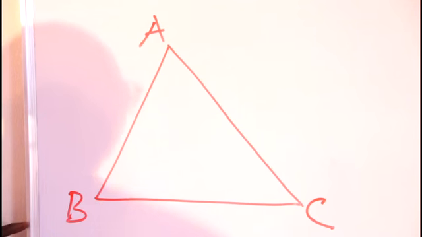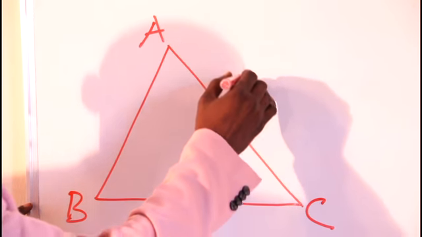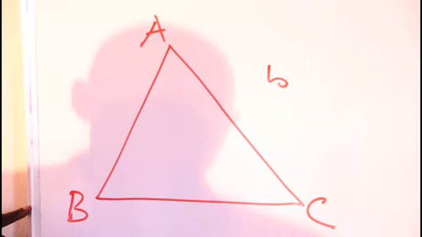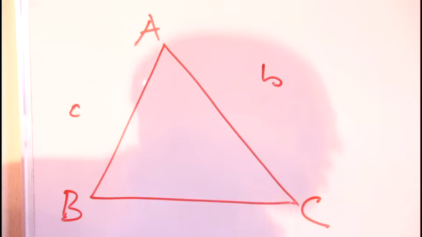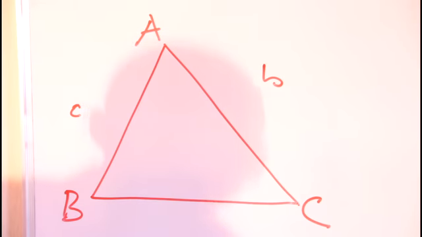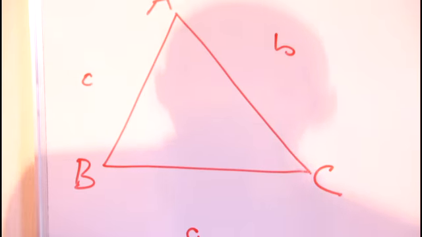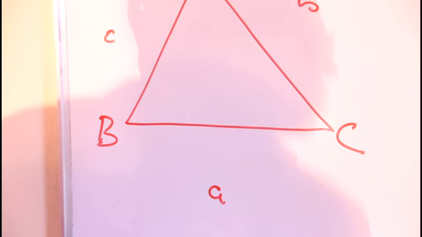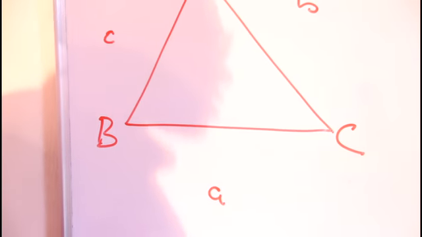We naturally know that this side is side b, this side is side a, and this side is side c. This triangle is not a right angle triangle, so we can do some constructions that will help us.